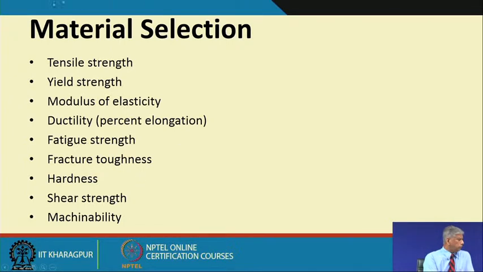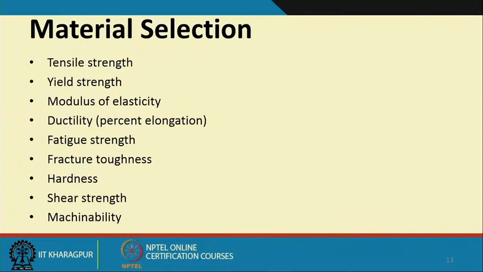Some of the material selection depends on these, and we can measure some of these properties in the failed component: tensile strength, yield strength, modulus of elasticity, ductility, fatigue strength, fracture toughness, hardness, shear strength, machinability. All these factors or parameters let us know the behavior of the mechanical component which has been put in that machine.